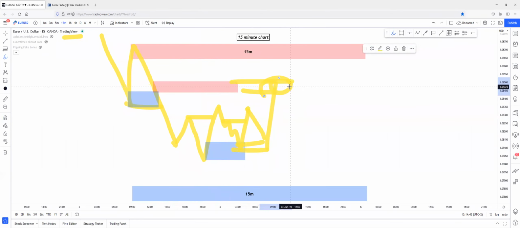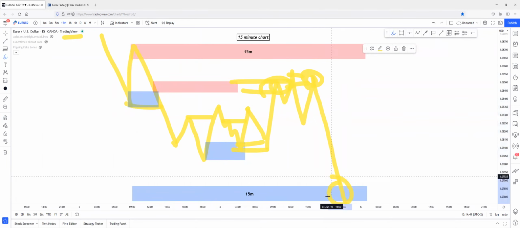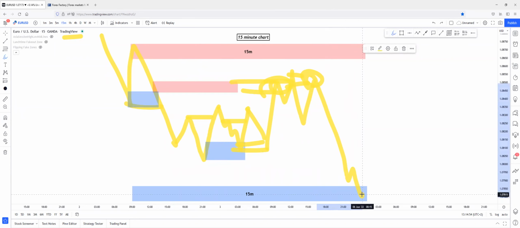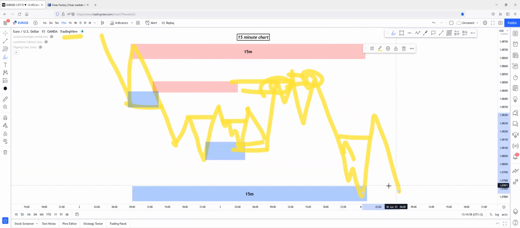If you're targeting the supply zone, you can just simply wait for a confirmation here once again. If the confirmation happens, you enter at this position, you target this demand zone. If this demand zone is being tapped, you wait for a confirmation on this demand zone. If the confirmation happens, you need a strong change of character because it's a counter trend trade. If the confirmation happens, you enter and target this supply zone right here.